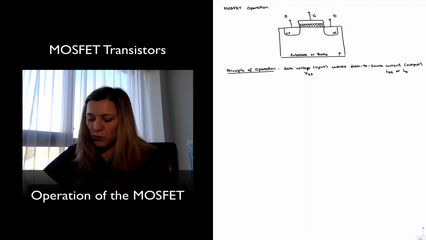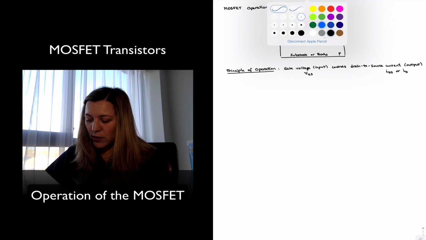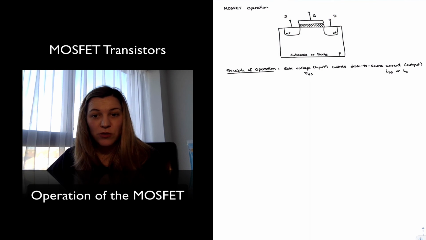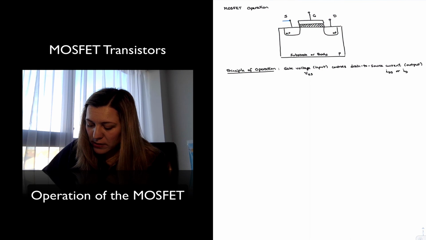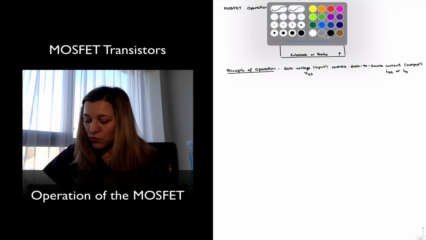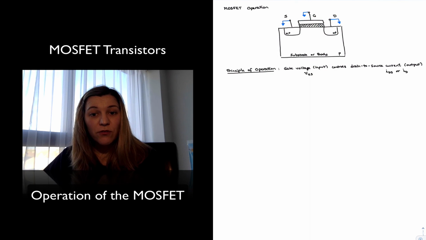Let's go ahead and assume first that I don't apply any voltage to my transistor. So all my terminals are sitting at a voltage of 0. They're all tied to ground, let's say. And under these conditions, the transistor is off, and so there is no conduction of current.